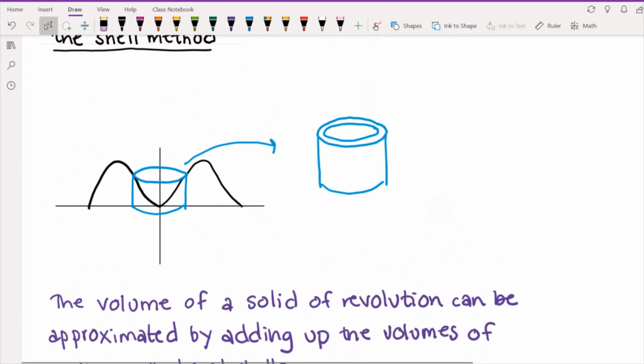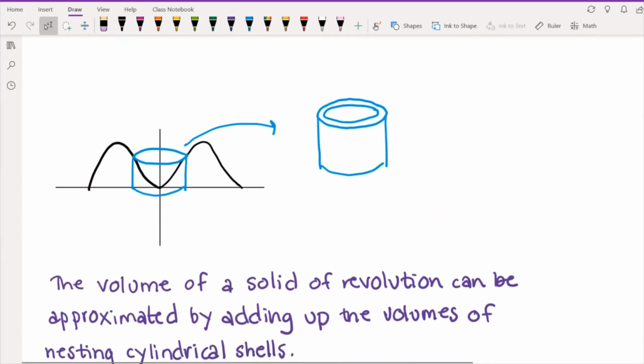So let's go back to this picture here and think about how you would find the volume of a shape like this. What we're going to do is more of an approximation: the volume of the ith shell is going to be approximately equal to 2 pi times the radius, and I'm going to use r with a subscript of i.